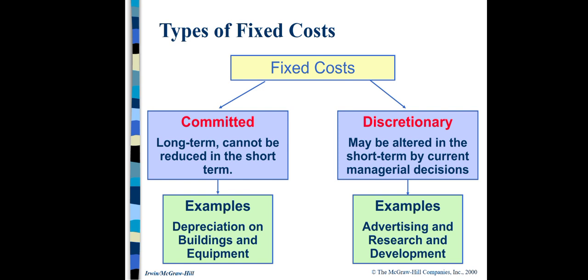Jadi itu committed, tidak bisa diubah. Besides, discretionary examples are advertising and research and development. Advertising and research and development can be altered any time. Jadi bisa diubah kapanpun tergantung managerial decisions.